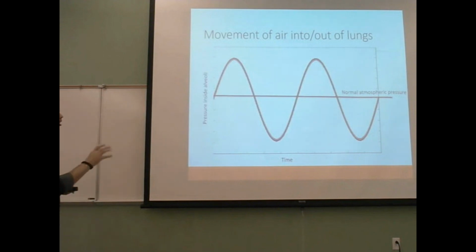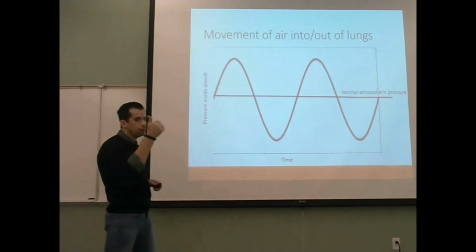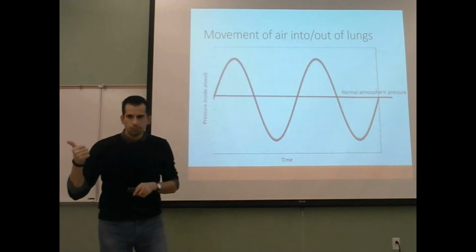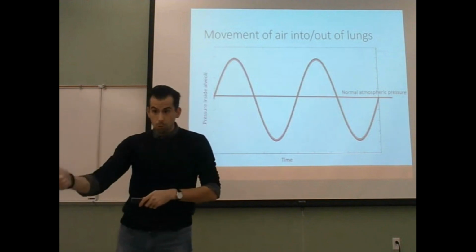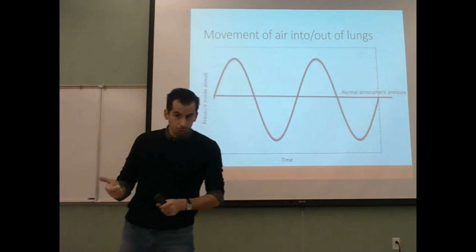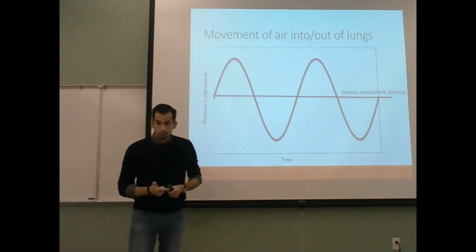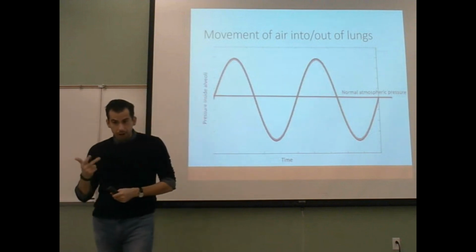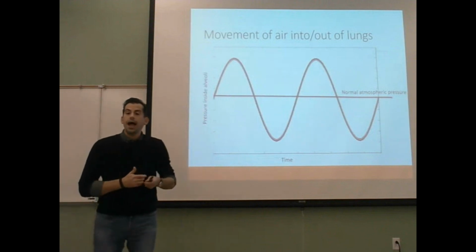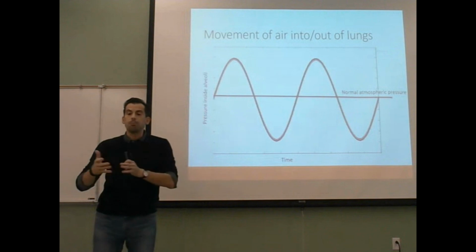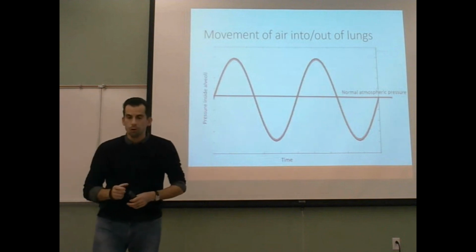So it's important to be able to understand the mechanics of the rib cage first, understand how the rib cage movement translates into lung tissue stretch through the use of the pleural cavity, then move into looking at how that change in volume affects the pressure of the gases inside the alveolar sacs.